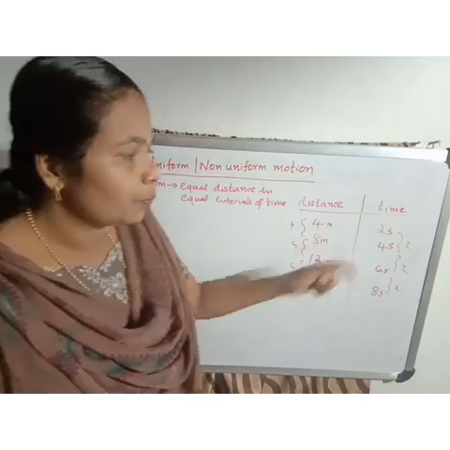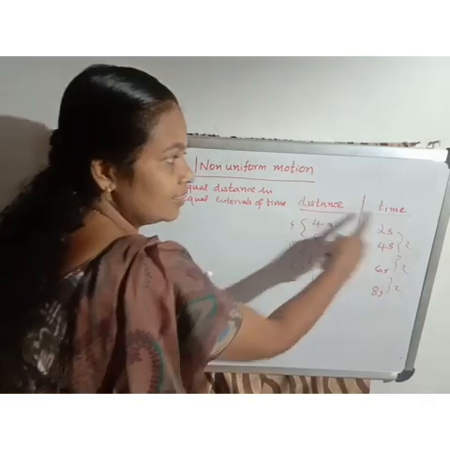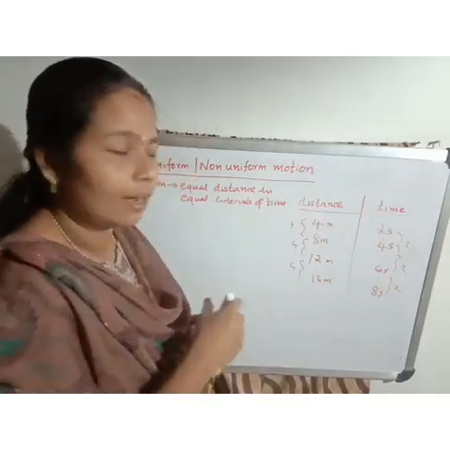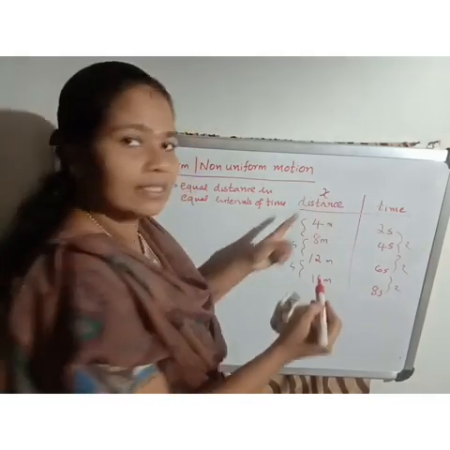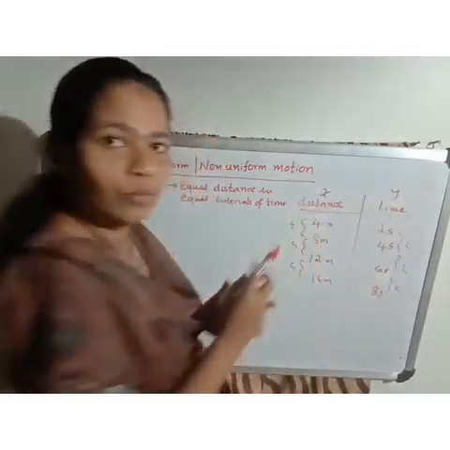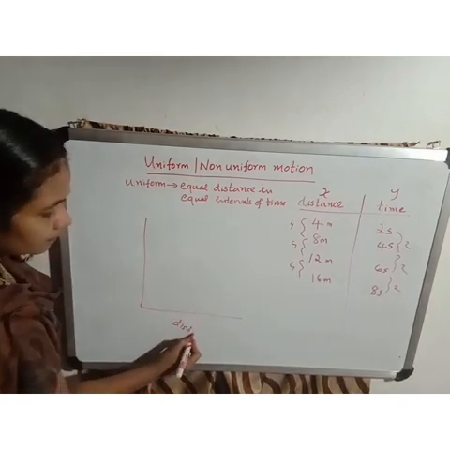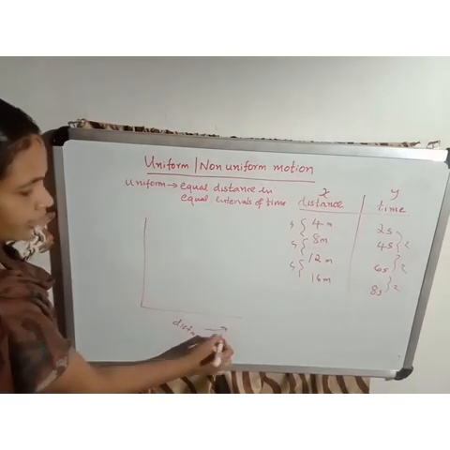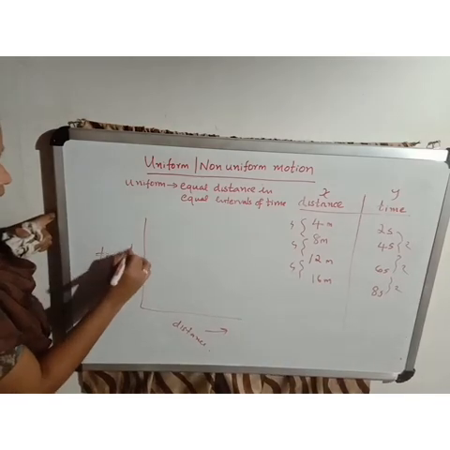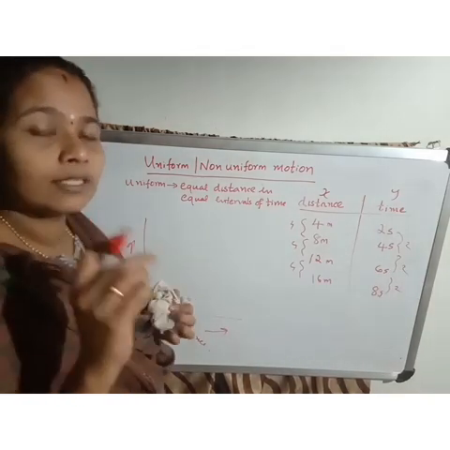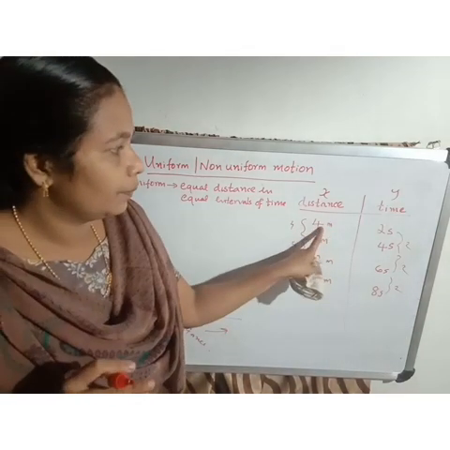I'm going to plot this distance and time in a graph by taking distance on the x-axis and time on the y-axis. The first ordered pair will be 4, 2.